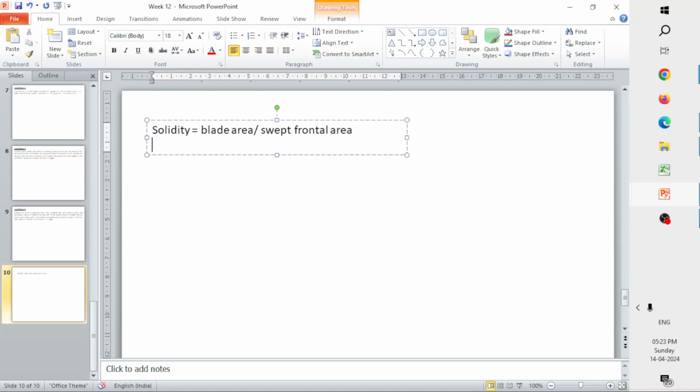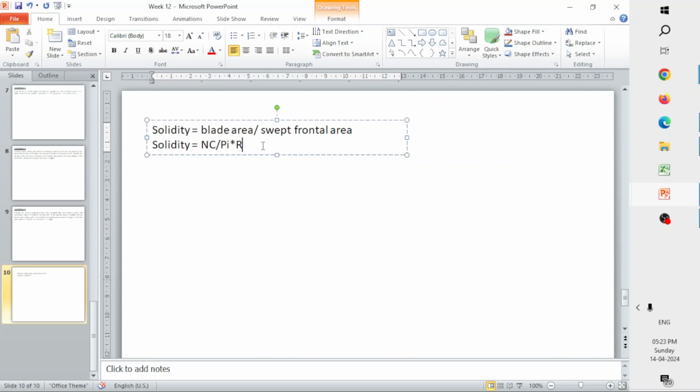This is expressed as NC divided by pi times R. So this is the general formula for solidity.